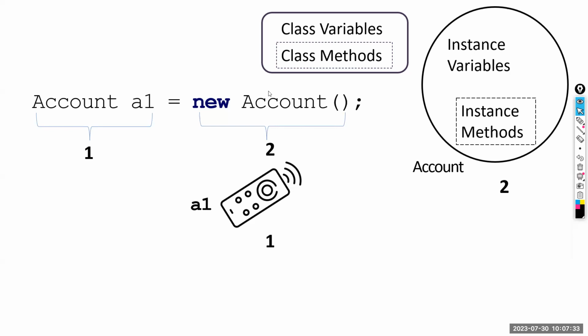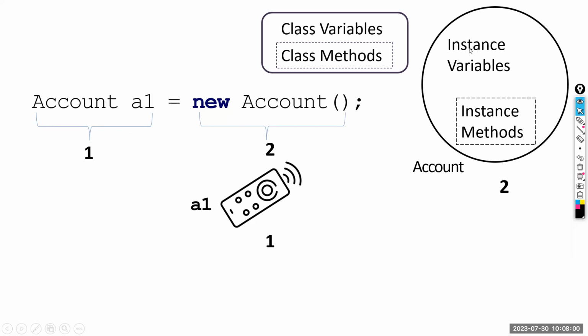Okay. And the third thing is this object is assigned to this reference variable. Right. So therefore, you have a reference variable, you have an object, and this reference variable is referring to this object. So this reference variable is something like a remote control that can control this object. Controlling this object means it can refer to variables and call the methods.